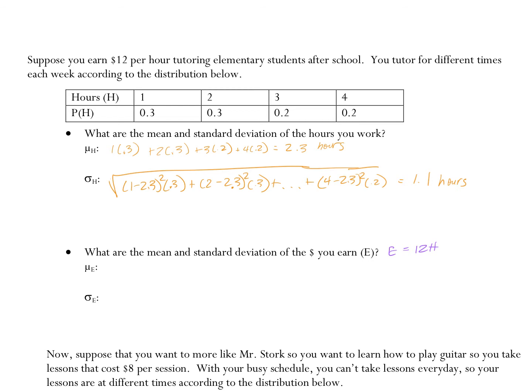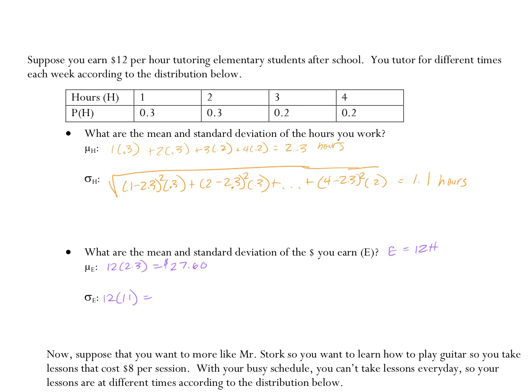So what would the mean of my earnings be? If I multiply by 12, is my mean going to change? Yes. Is my standard deviation going to change? Yes. For multiplying, that answer is yes. So my new mean will be 12 times 2.3. My new standard deviation will be 12 times 1.1. 25, 30, 20, you almost said it. 25, 36, ooh, 27.6.